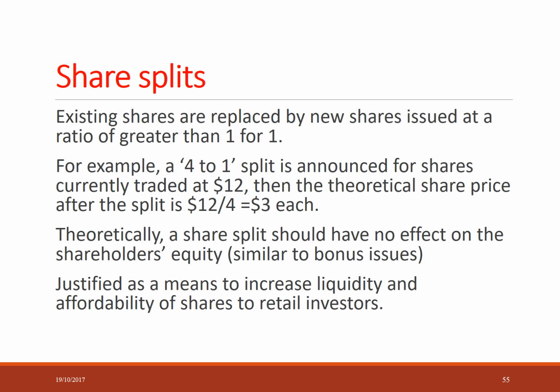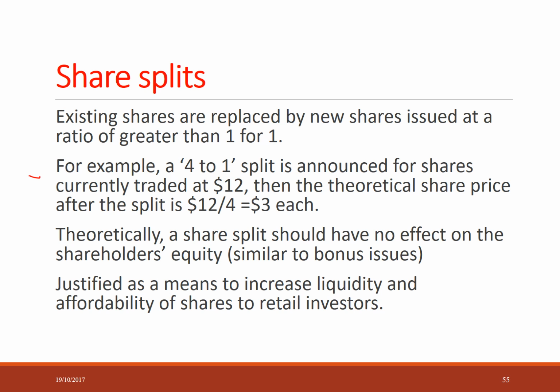We didn't talk about share splits. This is when the firm's share price is too high and managers think that the high price prevents some group of investors from trading the shares, so they can split the shares, right?